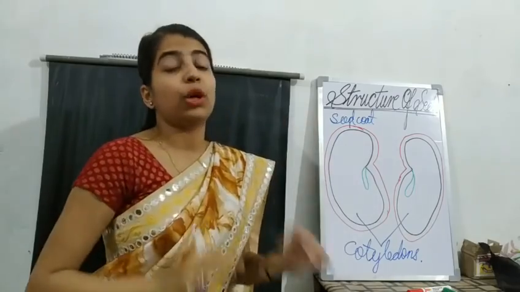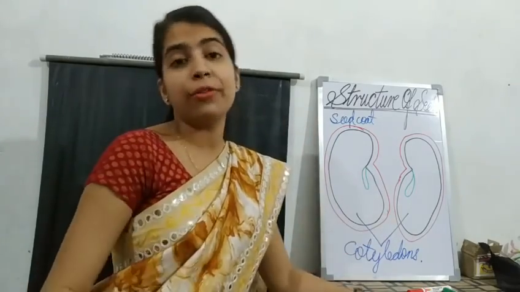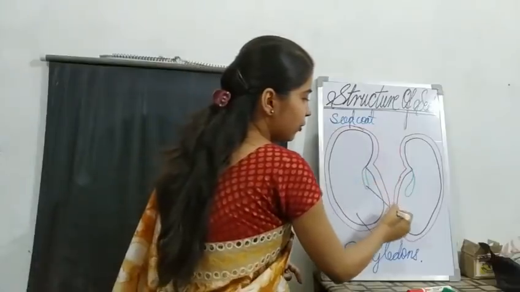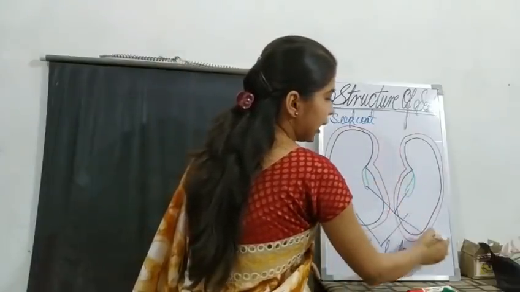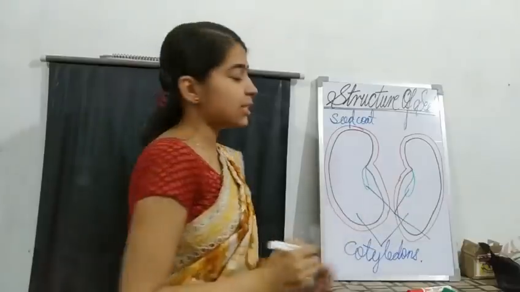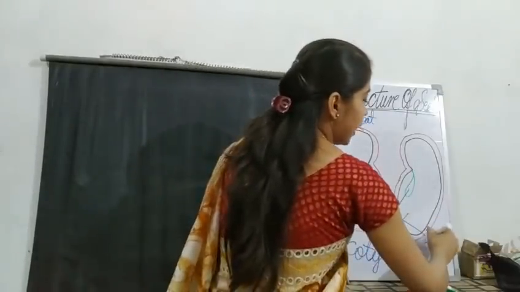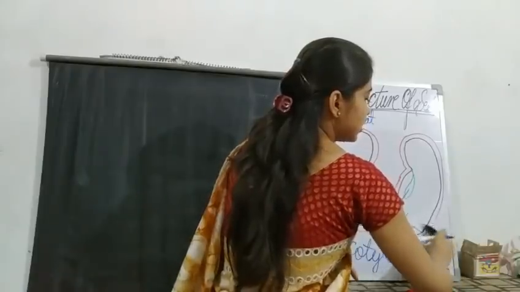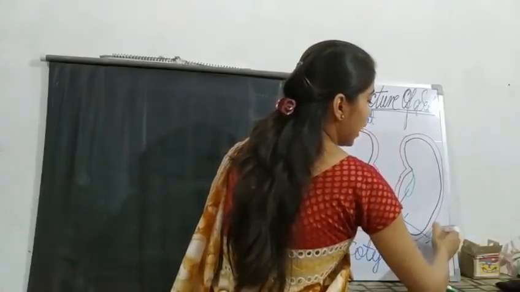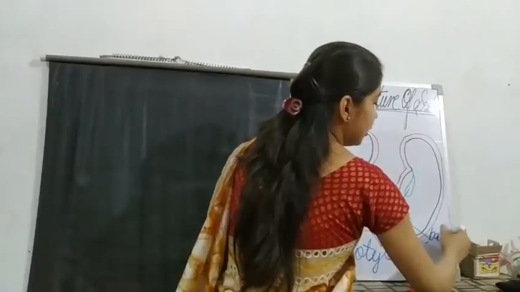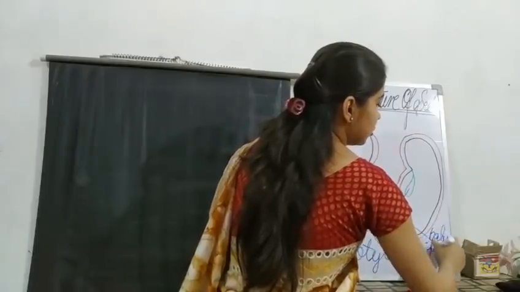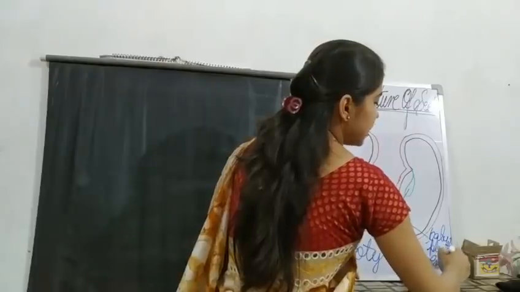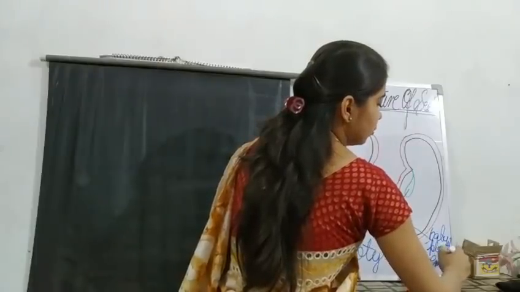Now the question arises, to whom will it provide the food? So inside the seed there is a structure like this, and this structure is called the baby plant, or sometimes called the embryo.